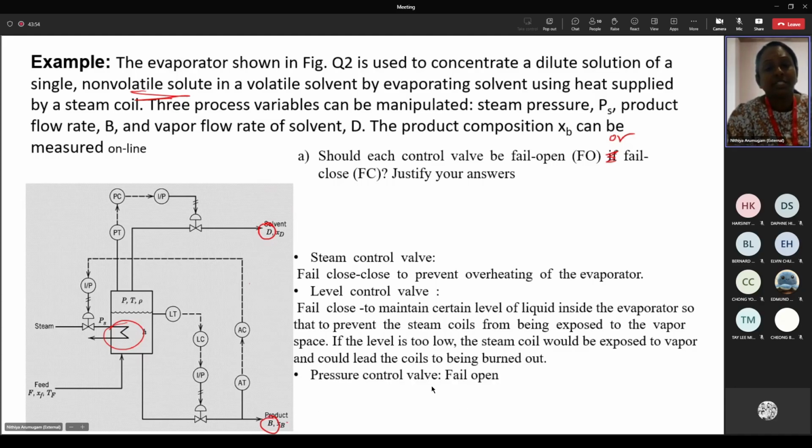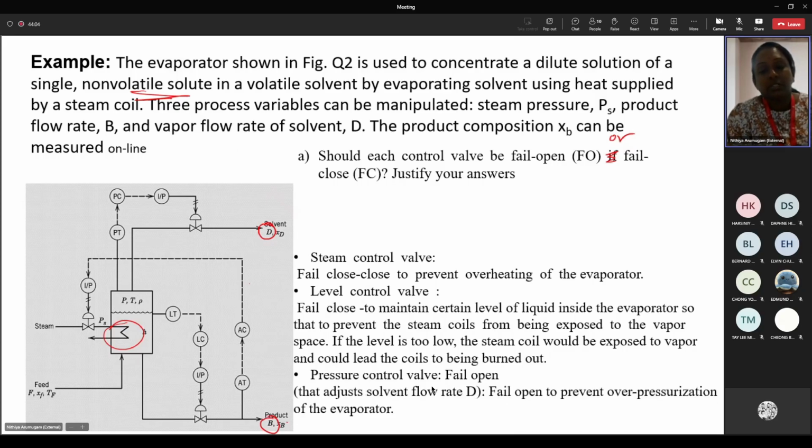Now, if it is a pressure control valve, it is fail open, to prevent over pressurization of the evaporator. So this is what they mean by fail open or fail close.